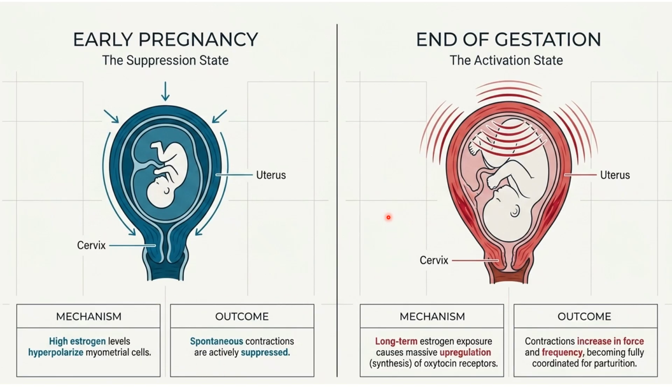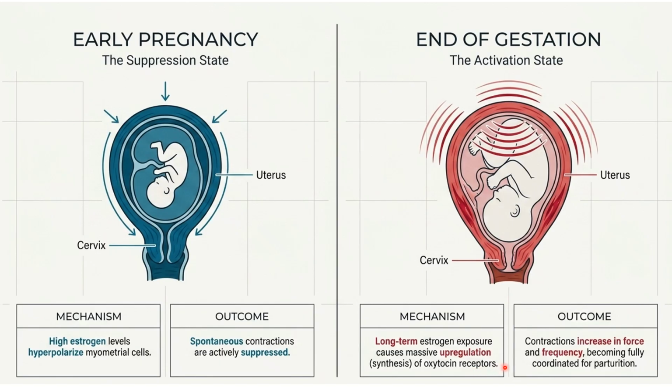While towards the end of pregnancy, the same estrogen hormone over the long term means the uterine myometrium will be exposed for a long time, and this causes upregulation of the oxytocin receptors.